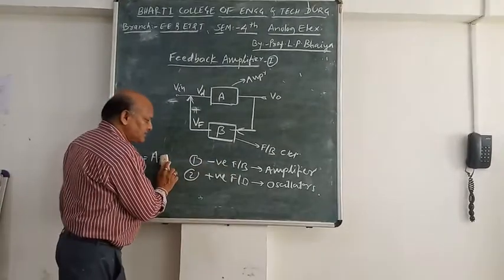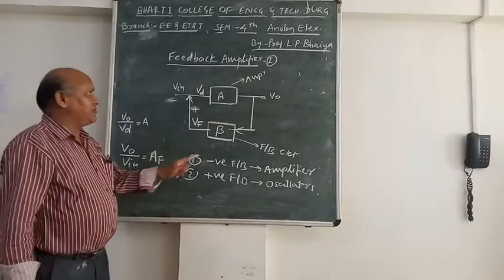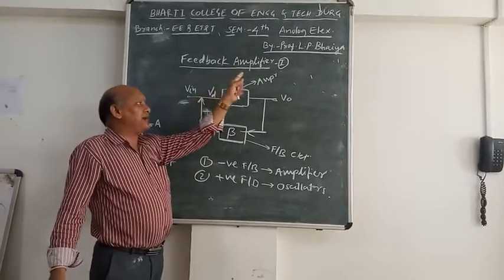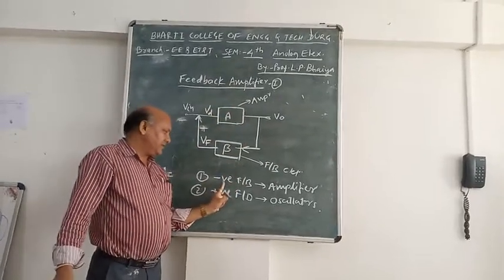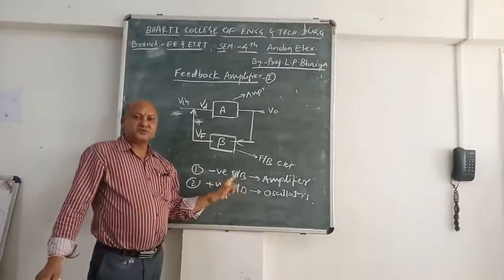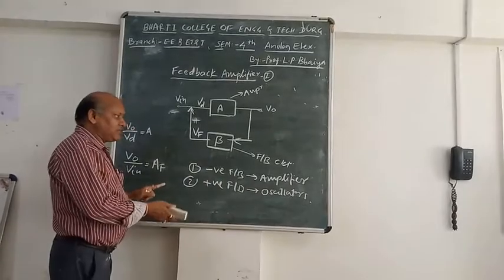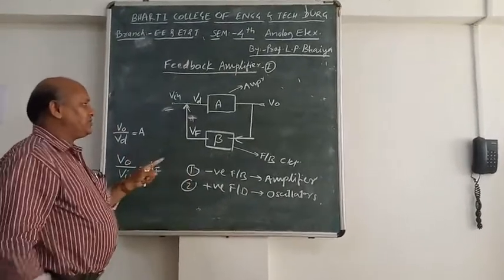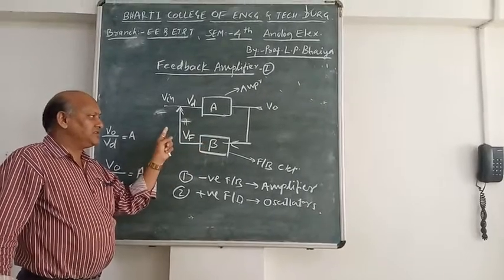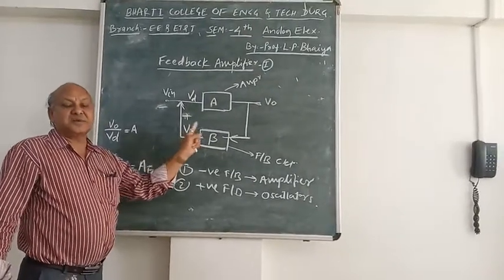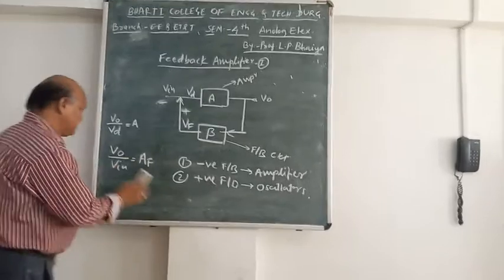In this particular video, I am going for the feedback amplifier. Here, since amplifier is written, we will use negative feedback. So what is the effect of negative feedback, and how can this negative feedback be connected, or how does it make different types of amplifier, that we will see here.